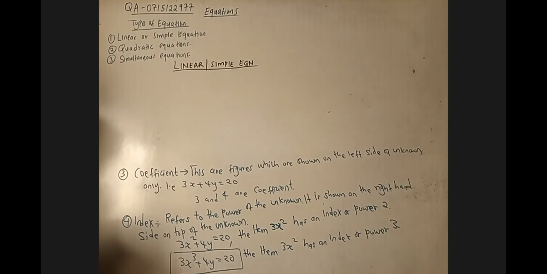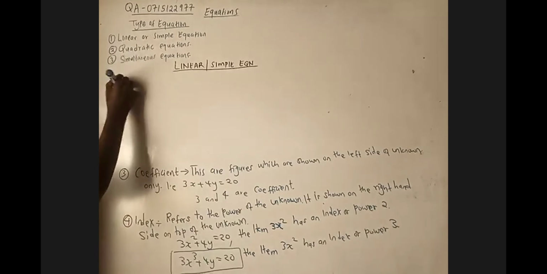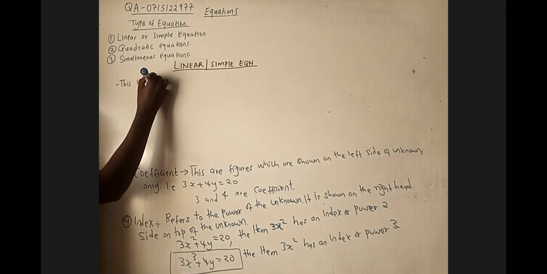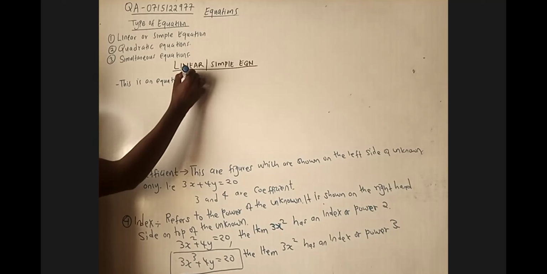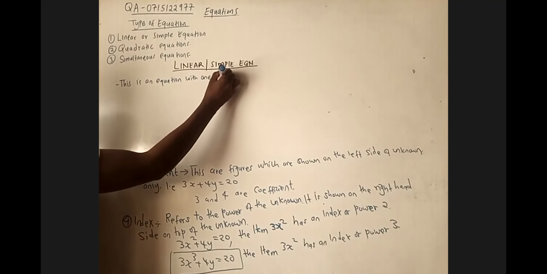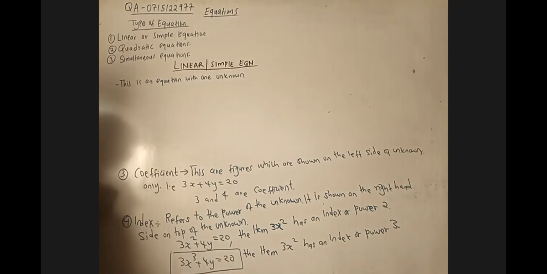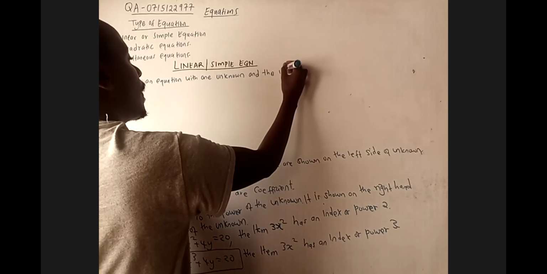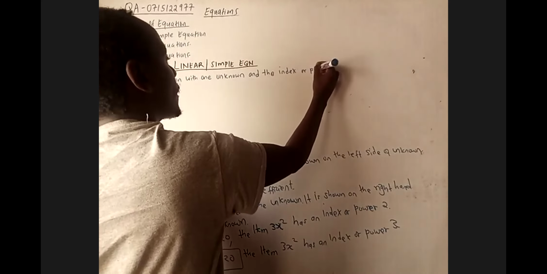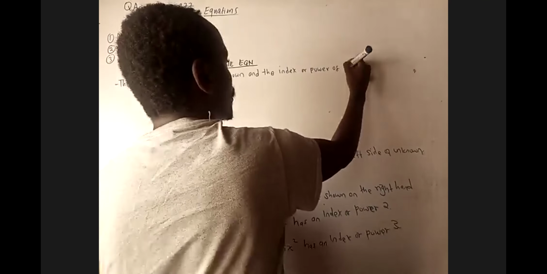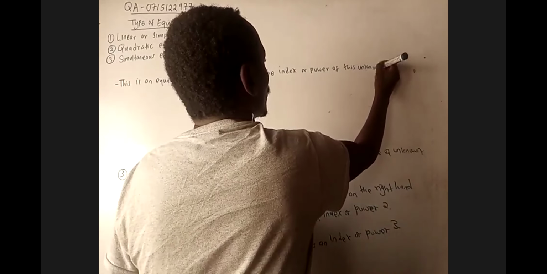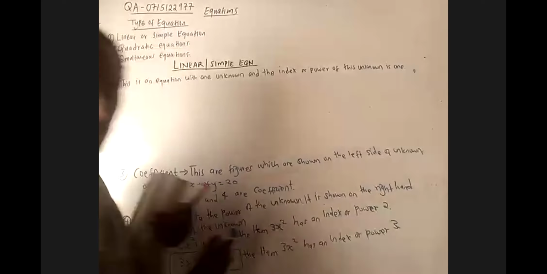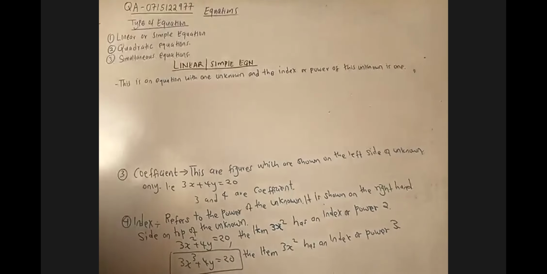This is an equation with one unknown, and the index or power of this unknown is 1.